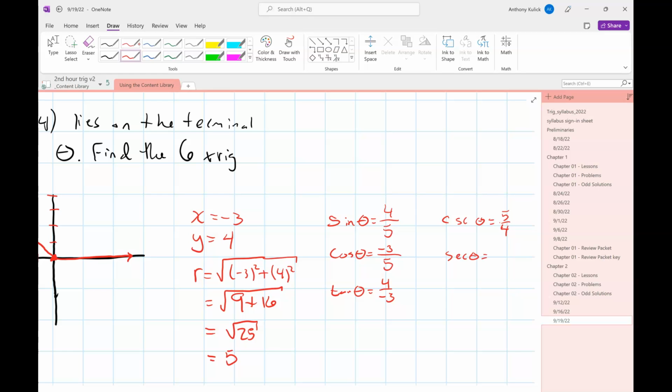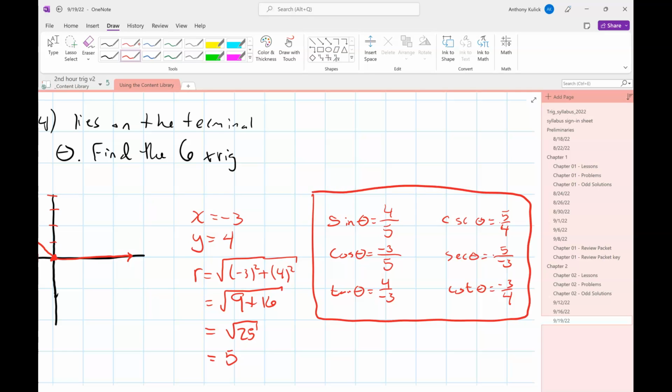Secant theta is the reciprocal of cosine. And cotangent theta is the reciprocal of tangent. So I'm done. What do you guys think? Super easy, right? No big deal.